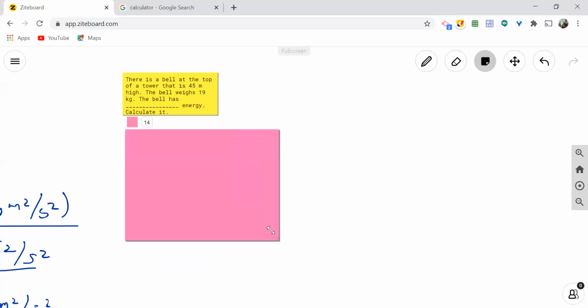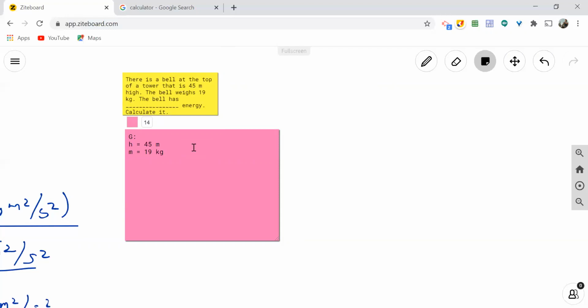Okay, let's proceed. What are our givens? We have 45 meter. So that is the height. So h is equal to 45 meter. And the bell weighs 19 kilograms. So we're talking about the mass, which is 19 kilogram.